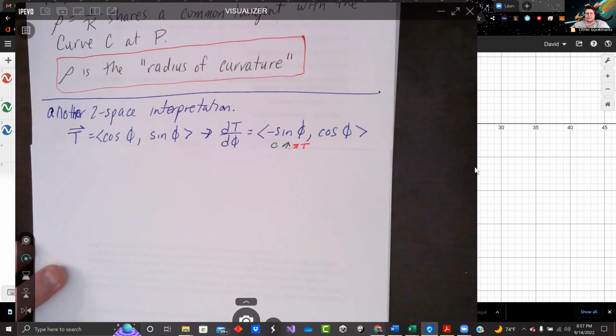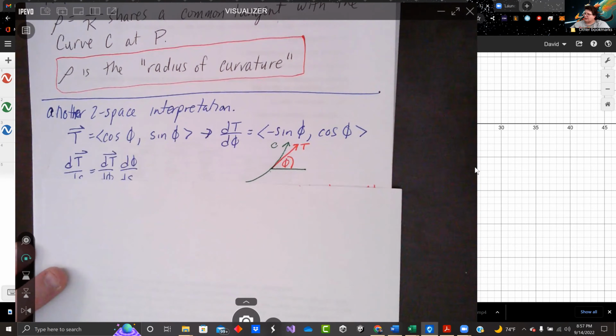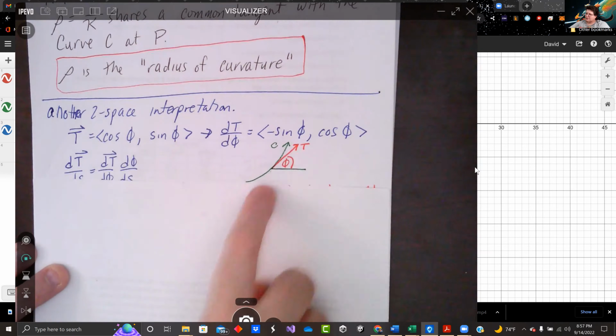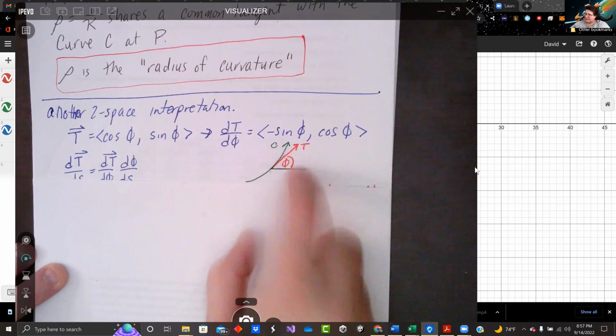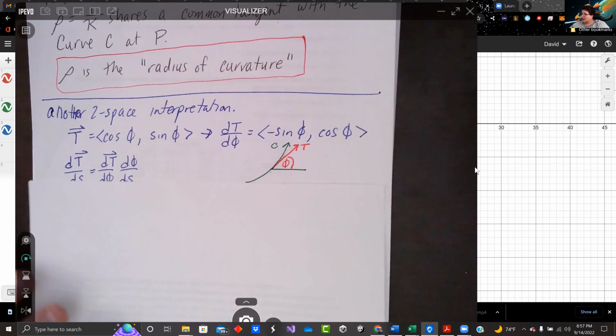So what does that look like? Let's take a look at a picture. I've got some curve C, the tangent line T. Phi is the angle with the x-axis, okay? So if T equals cosine phi, sine phi, then dT is negative sine phi, cosine phi.